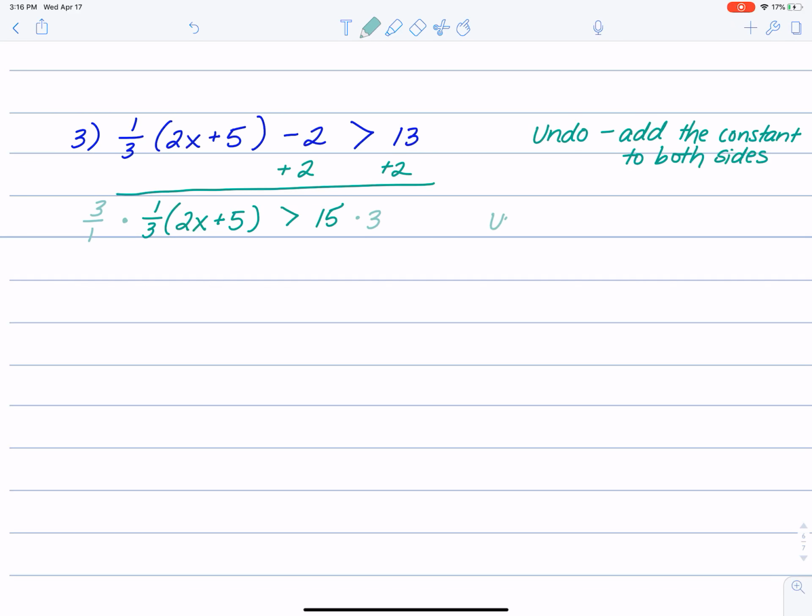This would again be an undo step. Multiply by the reciprocal of the coefficient. Three divided by 3, obviously going to cancel out on the left side there, which leaves us with 2x plus 5 is greater than 45.